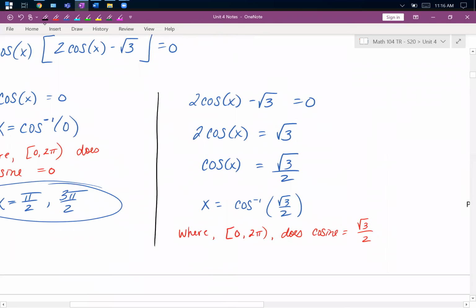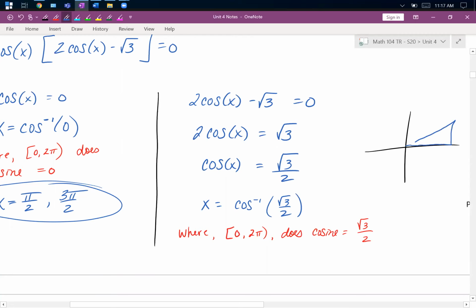All right, well, I'm going to check out my unit circle. Square root of 3 over 2, that's the long side of our 30, 60, 90 triangle. Cosine has a positive value, so that tells us we have to be in either quadrant 1 or 4.